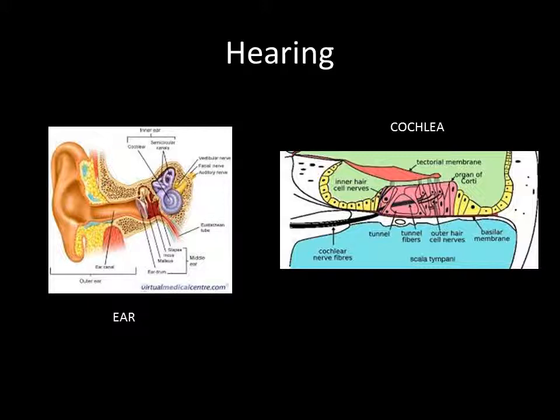Then it's transferred into hydraulic energy in the cochlea, this liquid energy. And then it's converted into bioelectric energy, or a neural signal, when it goes to the brain. So think of it as energy being converted into different forms of energy.